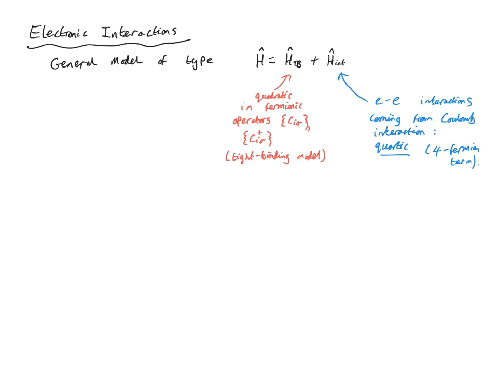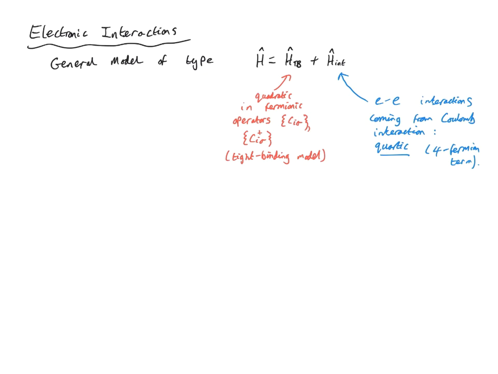So I need to know simultaneously where 2 electrons are, so I need 2 different number operators, and each number operator consists of 2 fermions. Of course, the most general kind of model you could write down could include even higher order terms, 6 fermion terms, 8 fermion terms, and so on. However, for virtually all of the kind of physics that we're interested in, 4 fermion terms would suffice.